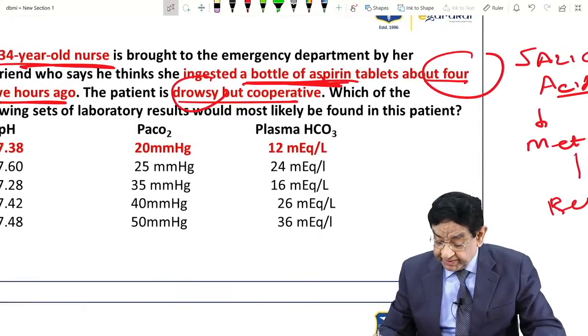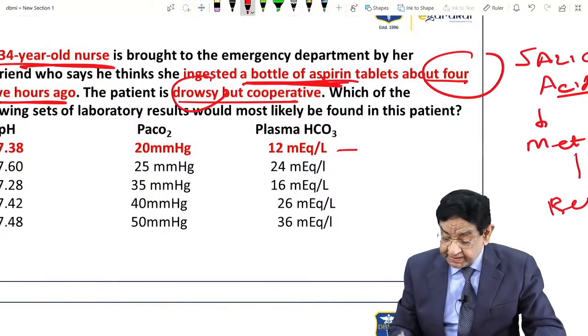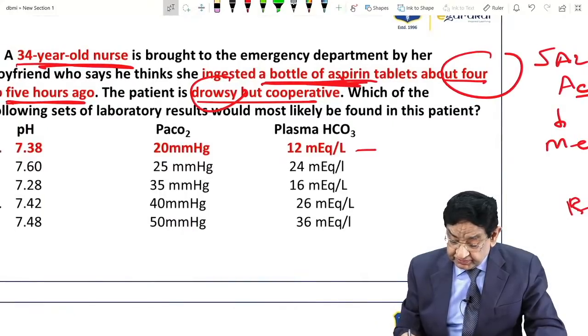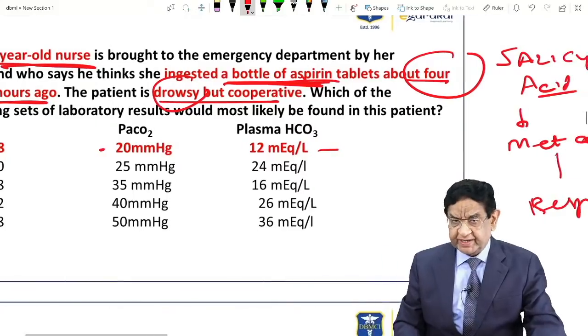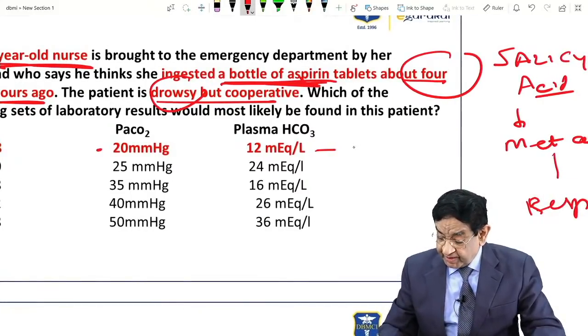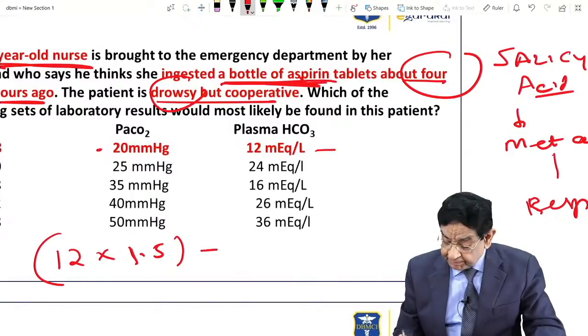So we have a bicarb of 12 and we are getting CO2 20. If you calculate the Winter formula, it is 12 multiplied by 1.5 plus 8, plus or minus 2.